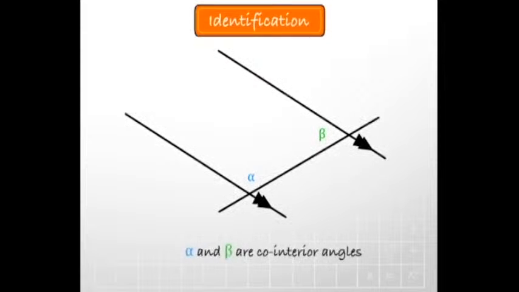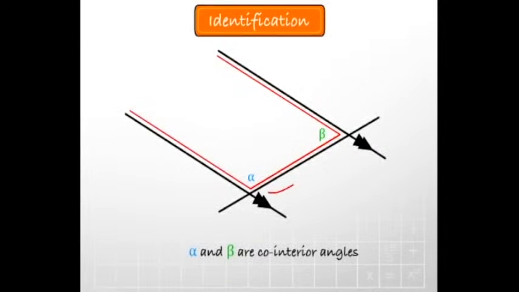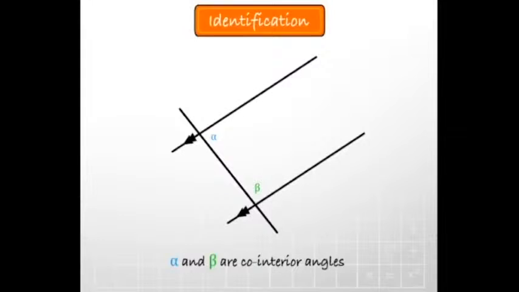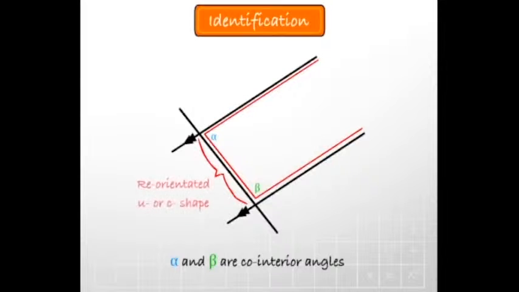Again, if we look at diagram 3, we can see that the angles alpha and beta, which are co-interior angles, are associated with a backward C shape that has been slightly tilted or reorientated. And finally, if we look at diagram 4, alpha and beta are again co-interior angles. This time they are associated with a C shape that has been tilted ever so slightly.